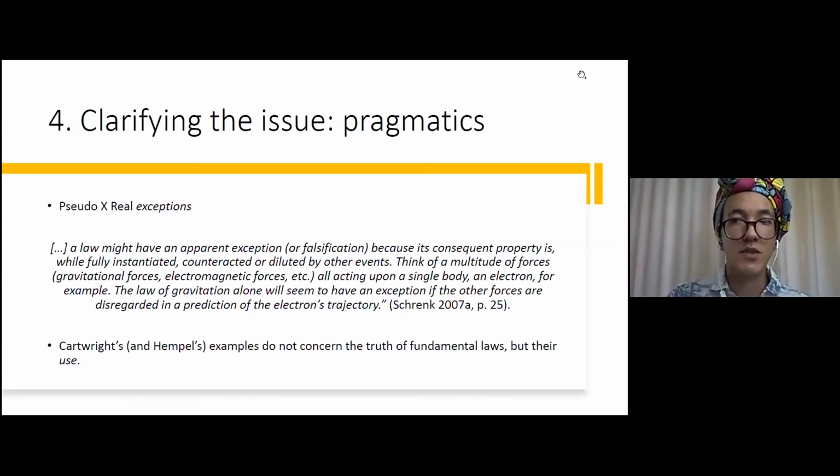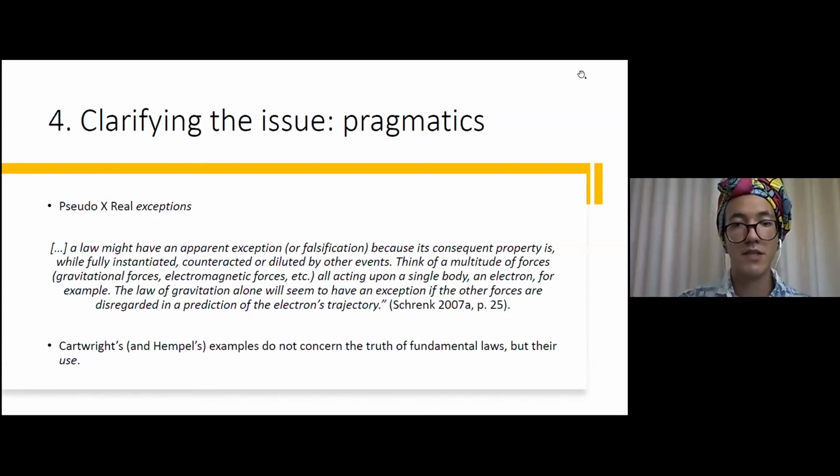We need to distinguish what is a pseudo exception to a law and what is a real exception to a law. Here I quote Marcus Schrenk in a very important book called The Metaphysics of Ceteris Paribus Laws. According to Schrenk, a law might have an apparent exception or falsification because its consequent property is, while fully instantiated, counteracted or diluted by other events. Think of a multitude of forces, gravitational forces, electromagnetic forces, all acting upon a single body, an electron, for example.